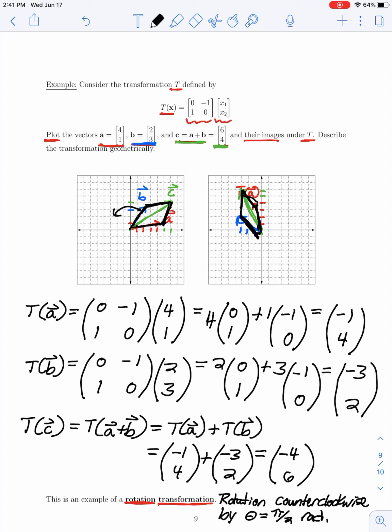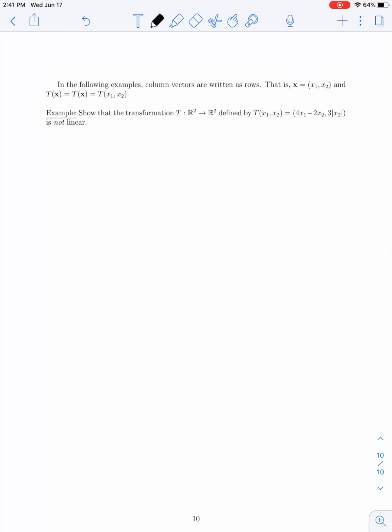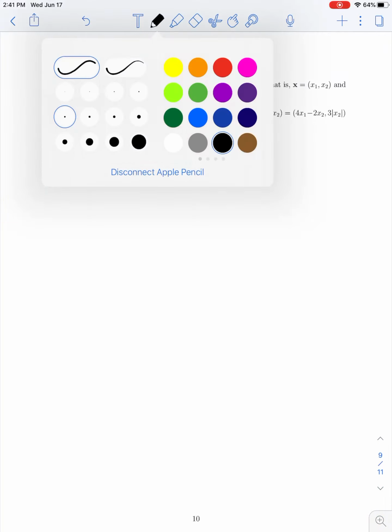Now, in most of the examples that we've been considering, where our transformation is defined by matrix multiplication, we've seen that the transformation has to be linear based off properties of matrix multiplication, but not every transformation is linear. So in the following example, we will denote a column vector written as a row.